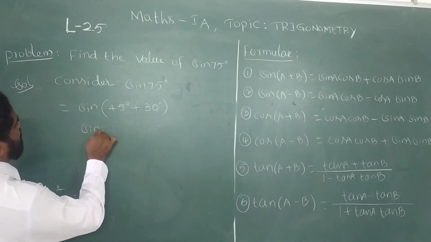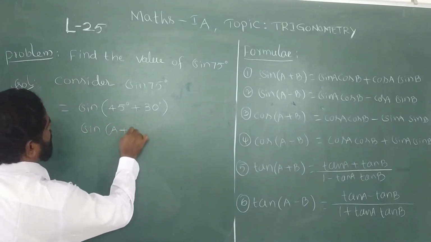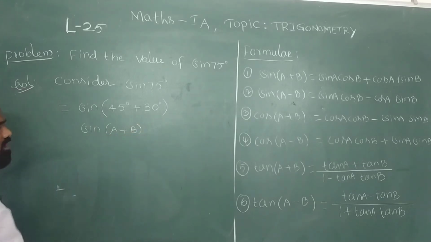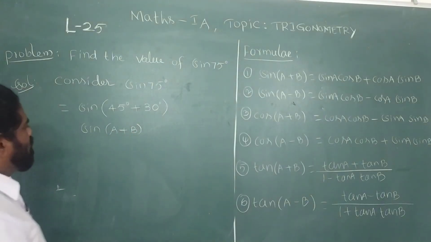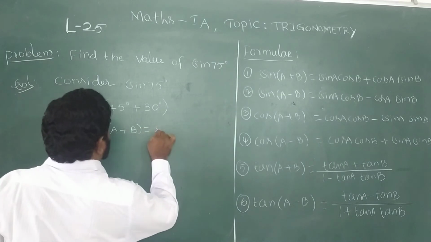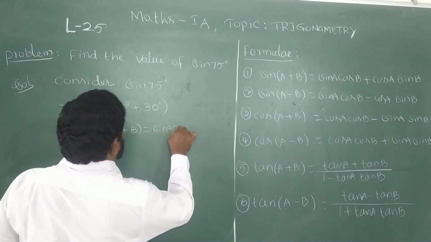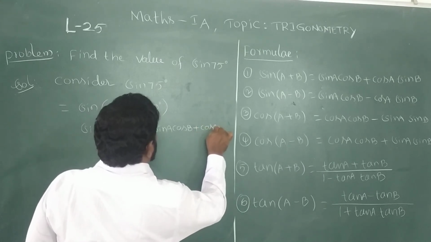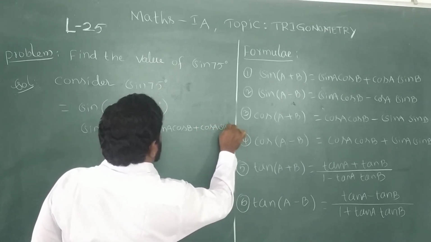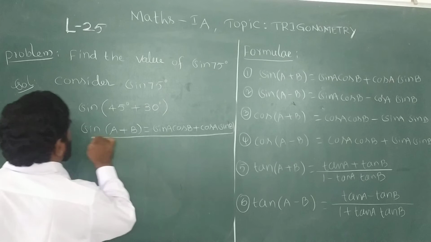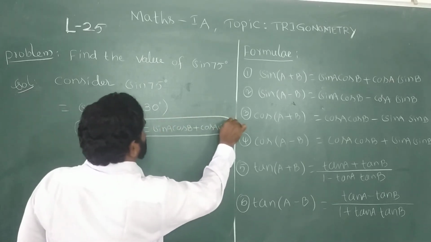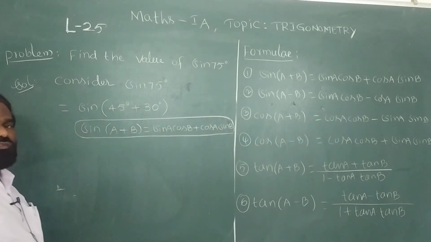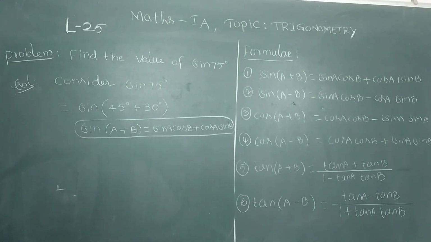Now, this is in the form of sine of a plus b, where a equals 45 and b equals 30. It can be taken as sin a cos b plus cos a sin b. Understand? Sin a cos b plus cos a sin b.